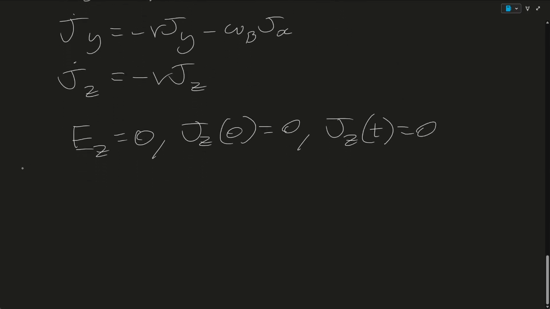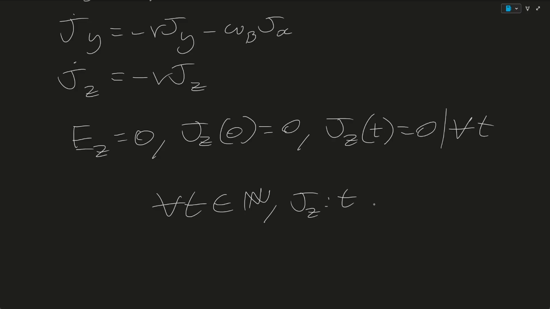I'm trying to get better at using the formal mathematical notation. Given all t, jz of t is 0, because this is a function, for each t in the natural numbers, jz maps t to 0.